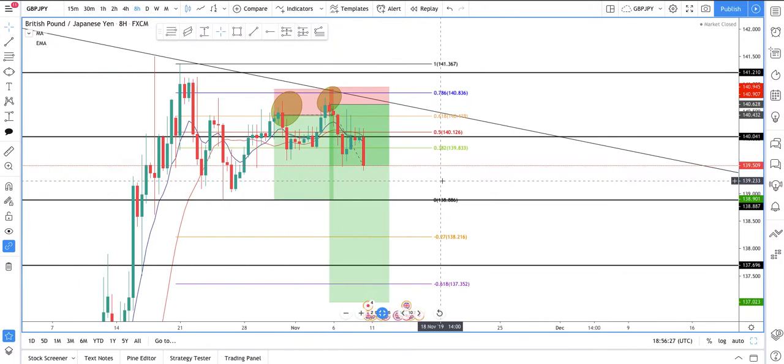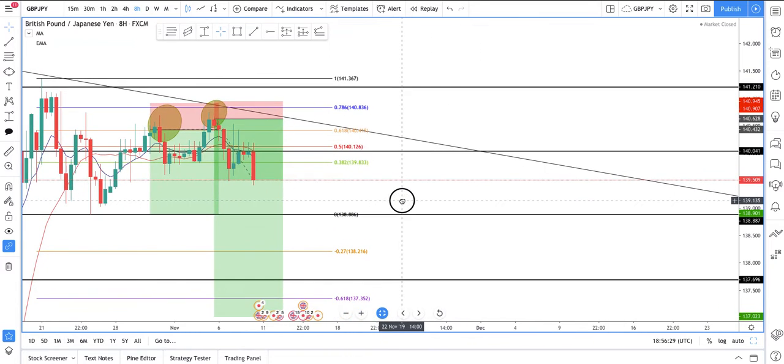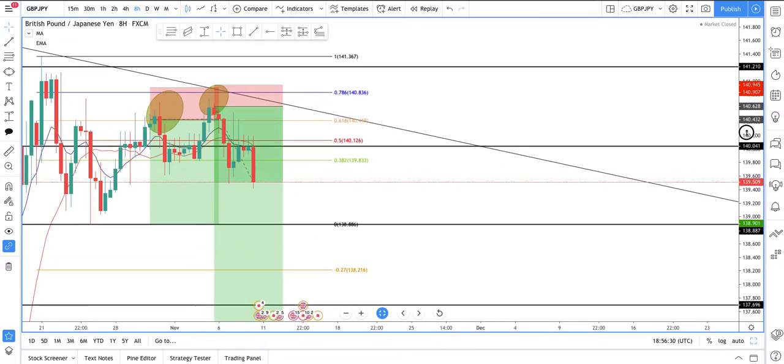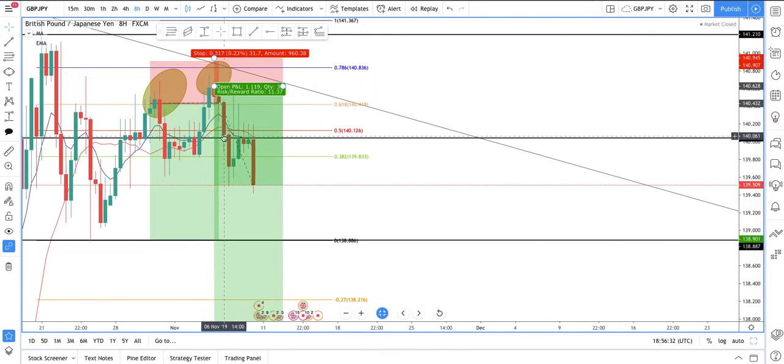However, somewhere down the line, I believe it was Friday evening just before market closing, I moved both my stop losses to 140.000.